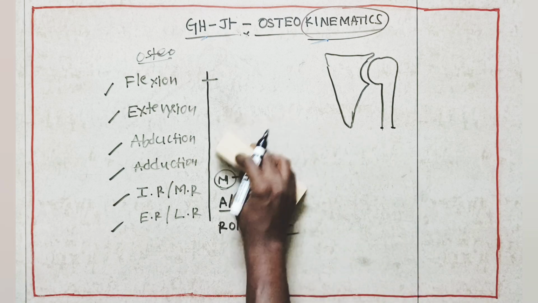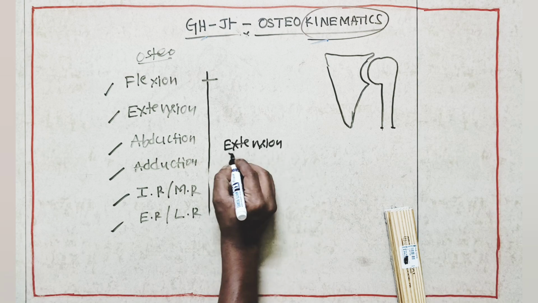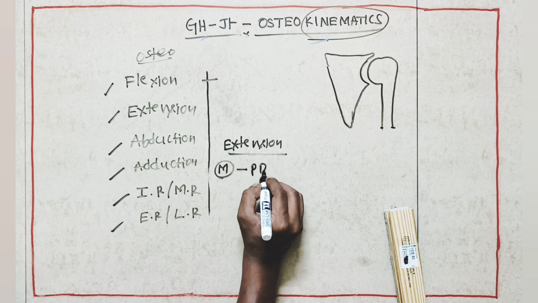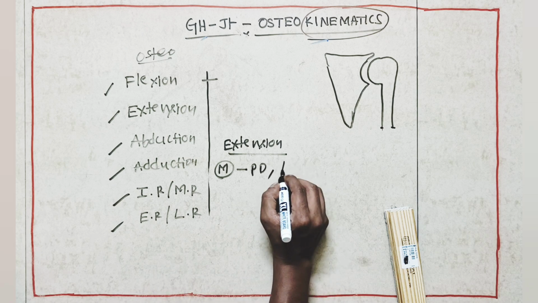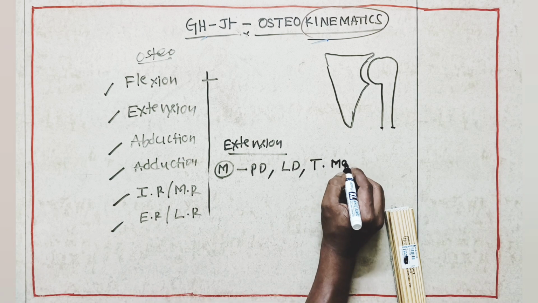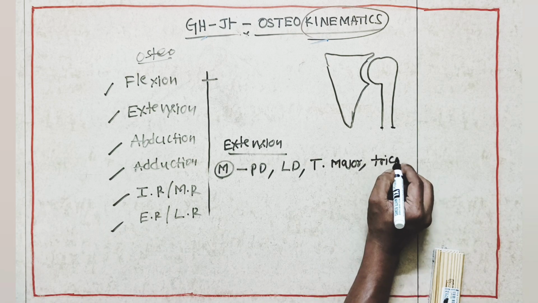Now we will see extension. In extension, first, muscles. Which muscles are responsible? First, the posterior deltoid muscle. After that, latissimus dorsi muscle. Then teres major muscle. After that, triceps muscle.